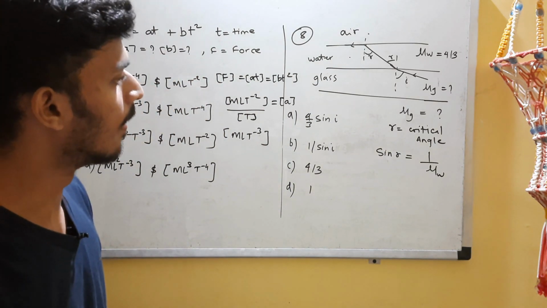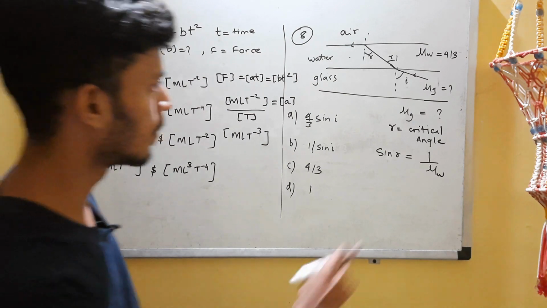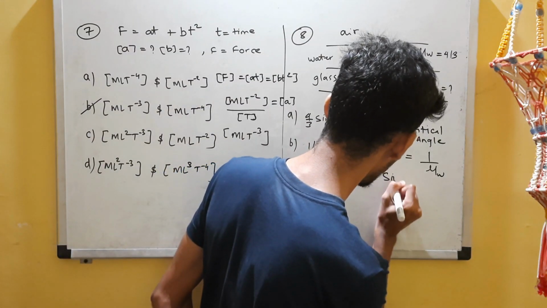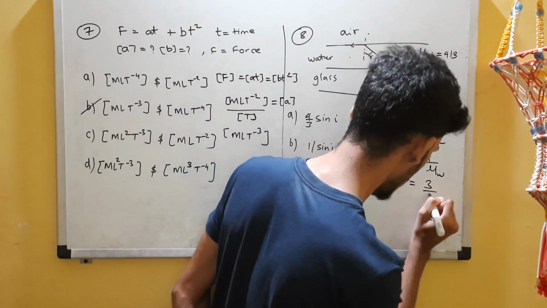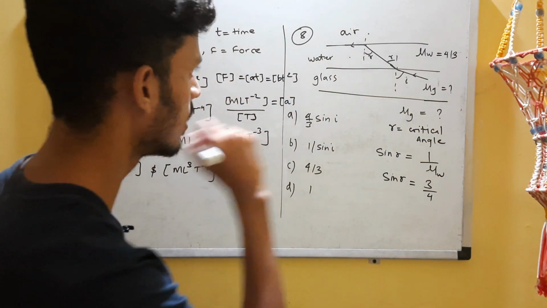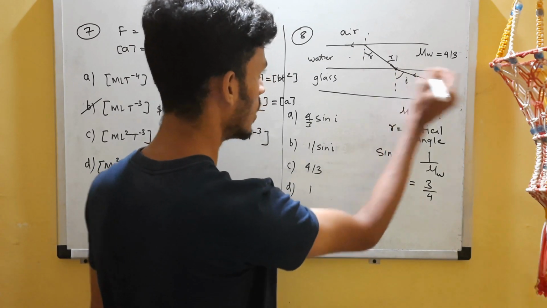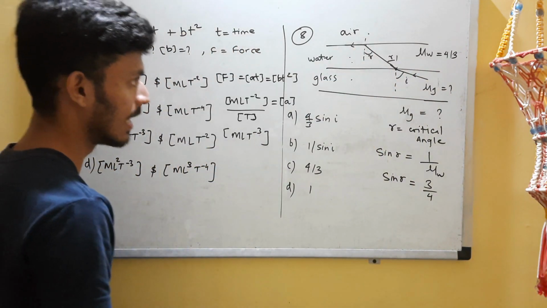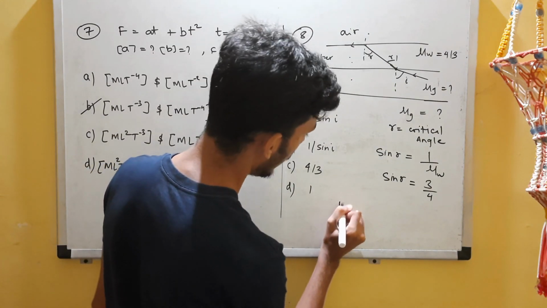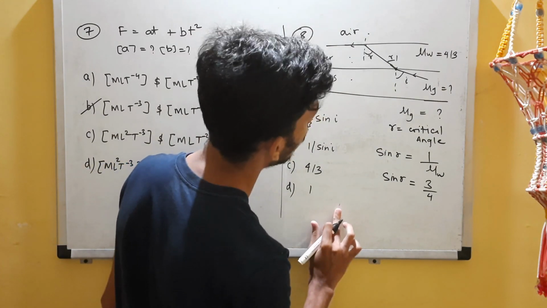So now, what can we do? We know that sin r will be basically 3 by 4. Yes, so we calculated sin r. Now let's apply Snell's law on the glass-water interface.